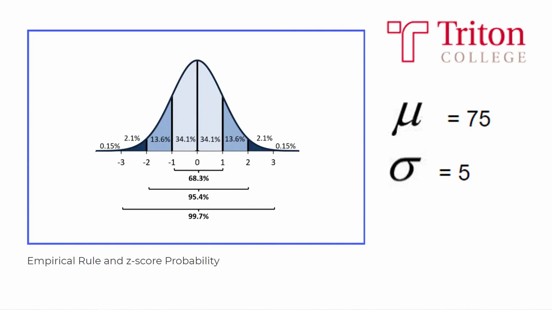Okay, so what? Okay, but how about this? Billy and Bobby and Bonnie, the three of them are in our class. And each of them has a score that is 3 standard deviations or more away from our mean of 75.